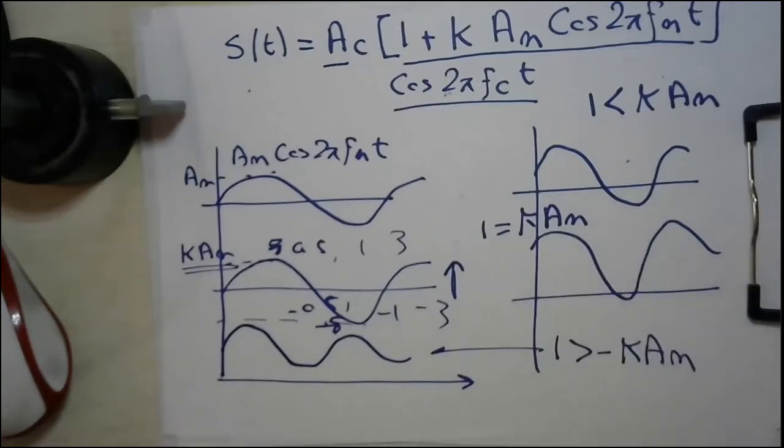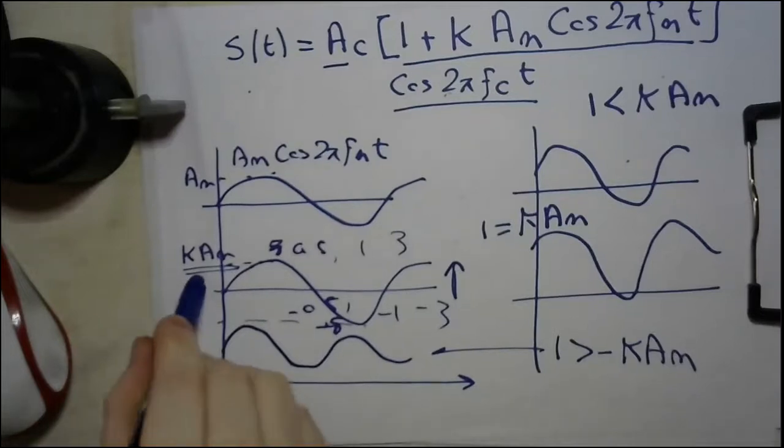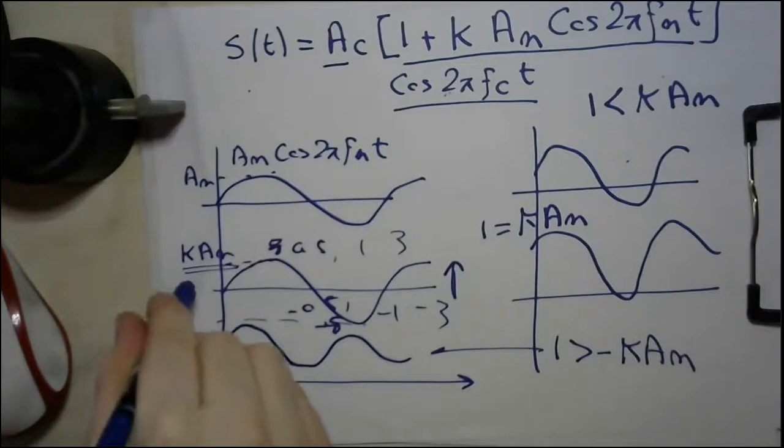Or in other words, it depends on k, because you can never know A_m. A_m is the message, it depends on the user. But what is controllable from your side is simply k.